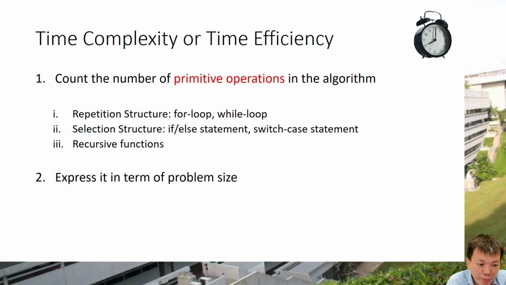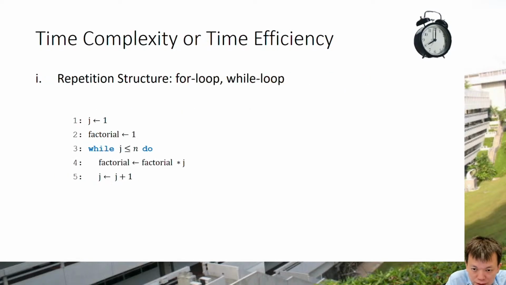So when my problem size, my n or m or whatever, increases, how does it affect my program and my algorithm? For example, the repetition structure. Here we have a while loop to calculate the factorial.